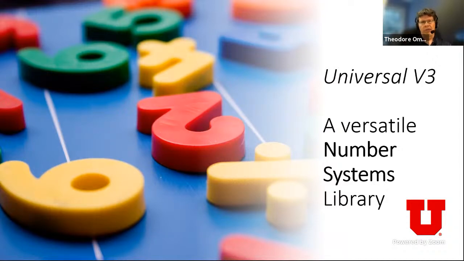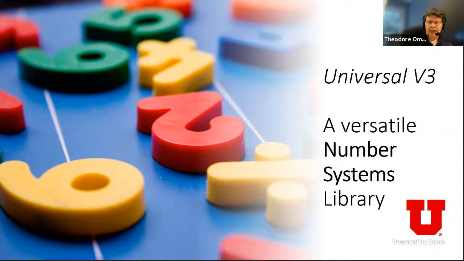Therefore it quickly became obvious that we needed to broaden that idea of providing a library that has a plug-in replacement for native types, that we also have to support integers and fixed points and floating points and other types of number systems.